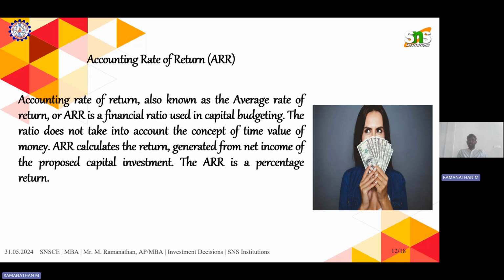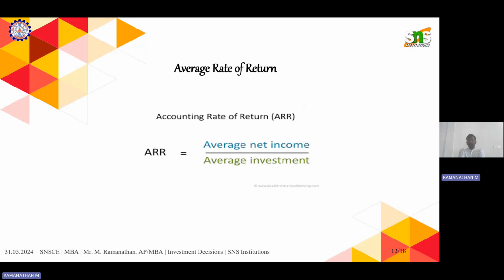ARR calculates the return generated from net income of the proposed capital investment. ARR is a percentage return. The formula is average net income divided by average investment. If I am running my business for 10 years, I divide the total income of 10 years by 10.